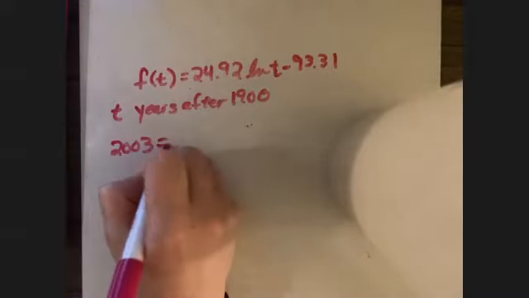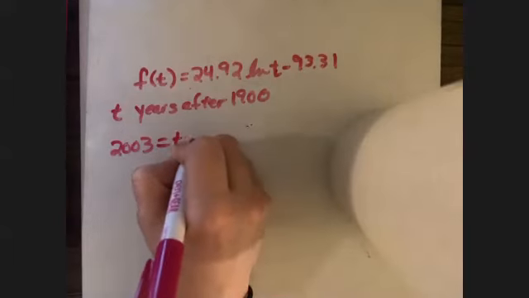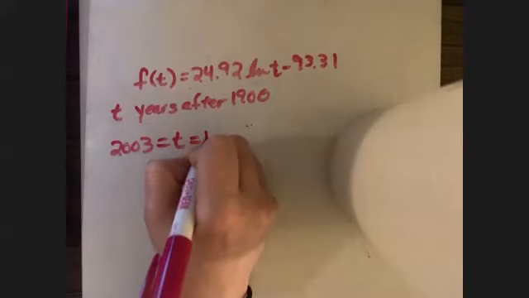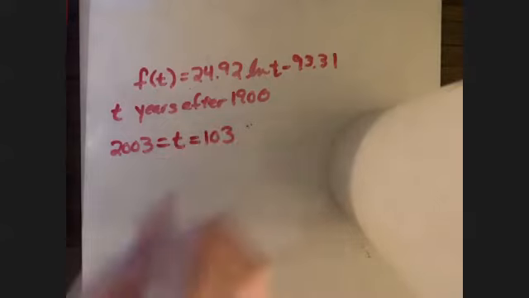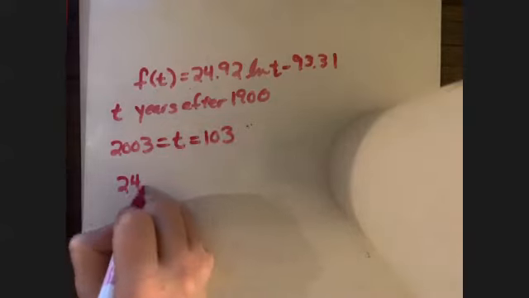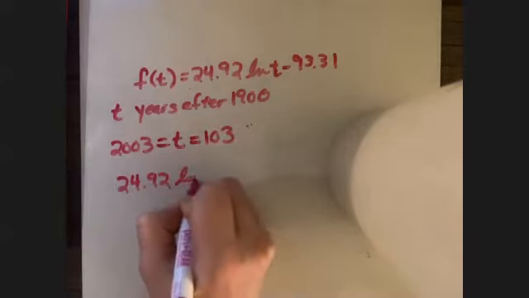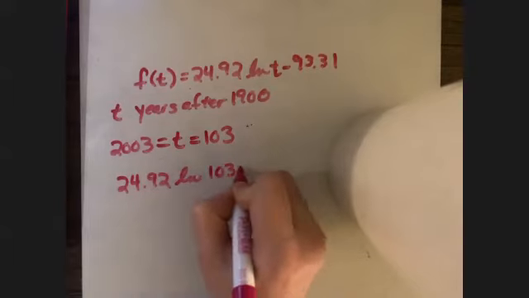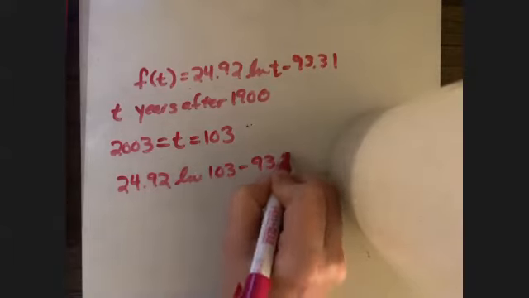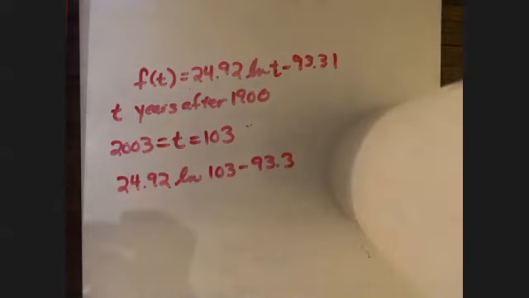Now, that means T equals 103, just so that we're well aware of that. So that's going to be 24.92 natural log of 103 minus 93.3. Do make sure you are being careful with this when it goes onto a calculator, that you're closing up that parenthesis after that 103.